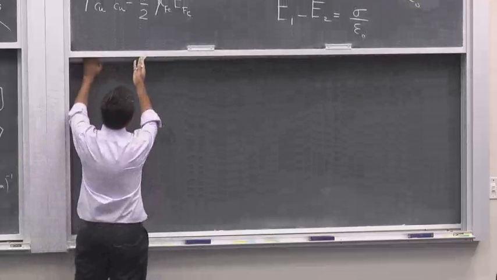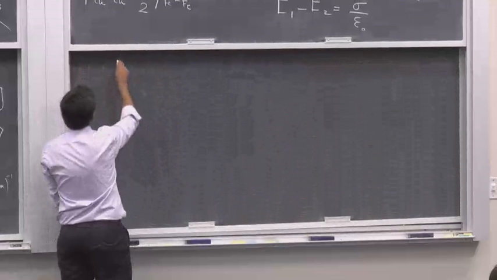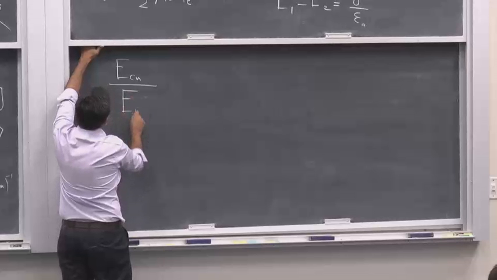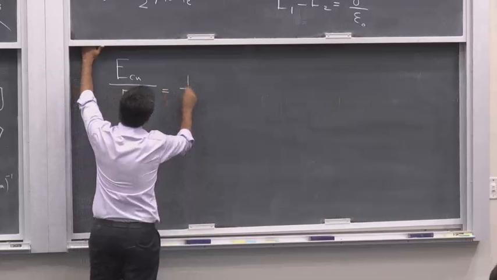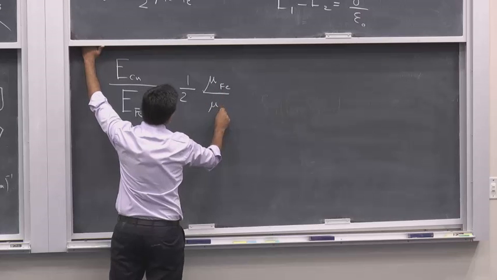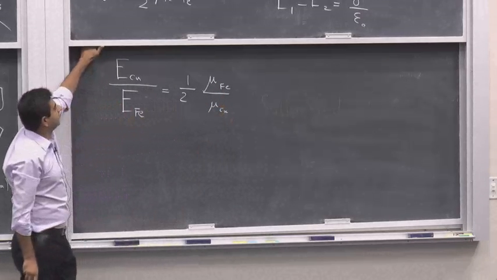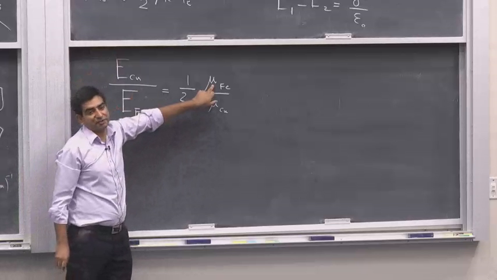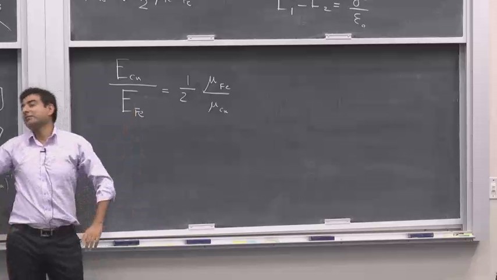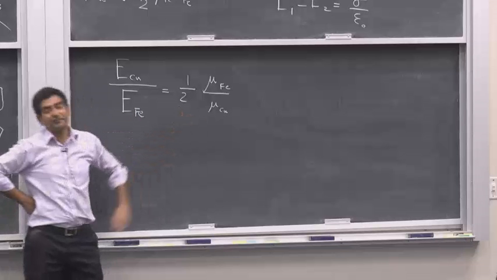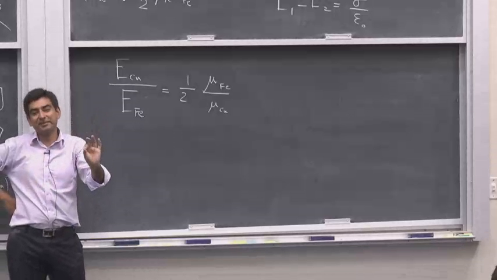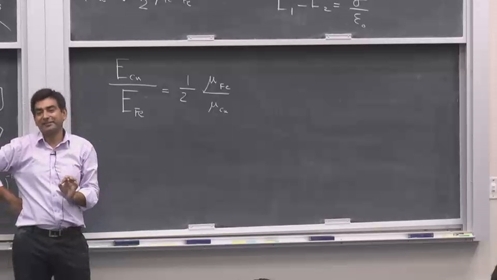So the electric field inside copper divided by the electric field inside iron has to be equal to 1/2 of the mobility inside iron divided by the mobility inside copper. Now if the mobility in copper is larger, then this number is smaller than 1. So the electric field inside copper is smaller. And the ratio is given by this. So higher mobility materials, once steady state has been established, they result in smaller electric fields.